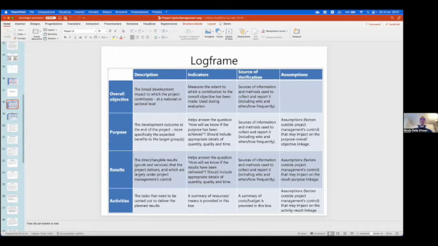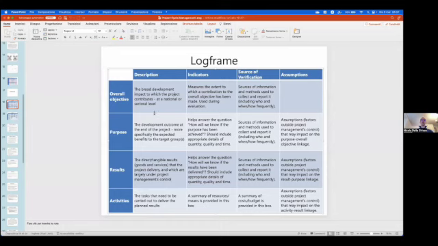The tangible results that we obtain with our activities altogether will determine the purpose or the specific objective of the project. So the results will determine the change that the project is seeking.